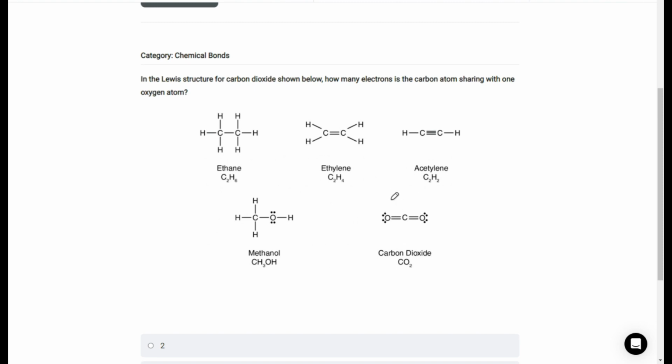When an atom shares electrons with another, it really just shares one, and it would share another with the other molecule. So for instance, this oxygen is giving one atom here and one atom here. And this carbon is giving one atom here and one atom here, forming bonds each, such as that.